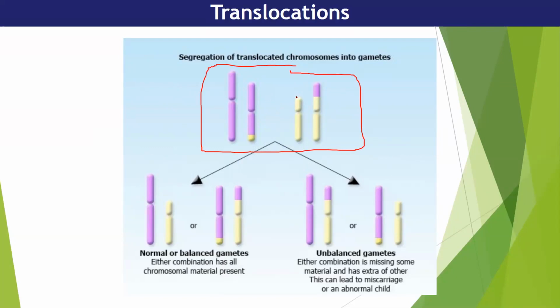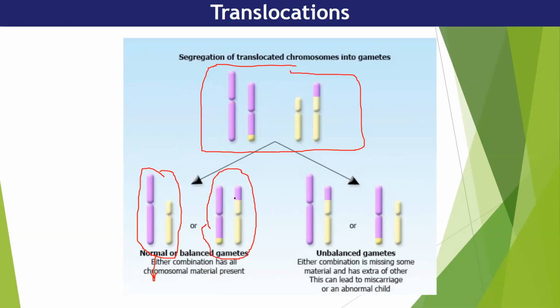If an individual like this has a translocation, it can produce two possible gametes. One possible gamete is the one with the two normal chromosomes coming together. This is a normal gamete, and it can survive. It is viable, right? And if two translocation chromosomes come together to form a gamete, this is still okay.